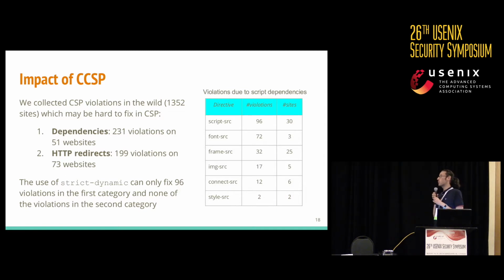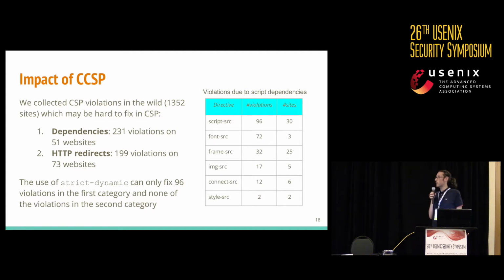So you can see on the table on the right that there is a breakdown of the violation due to script dependencies depending on the loaded content types. And you can see that 96 of these violations are due to scripts which load other scripts, and these are cases of dependencies which are nicely supported by strict dynamic.